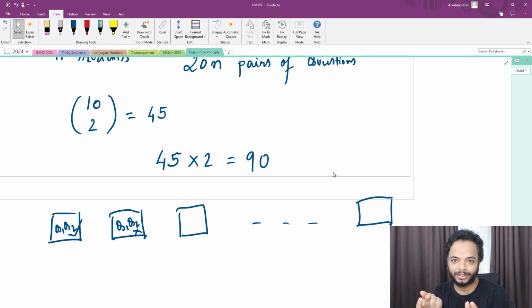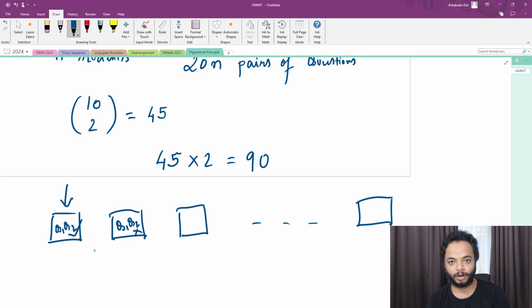If both questions have been correctly answered by that student, I put it in the corresponding box. For example, if student 1 has answered question 1 and question 2 correctly, that has been counted into 20n, and it goes into that box.